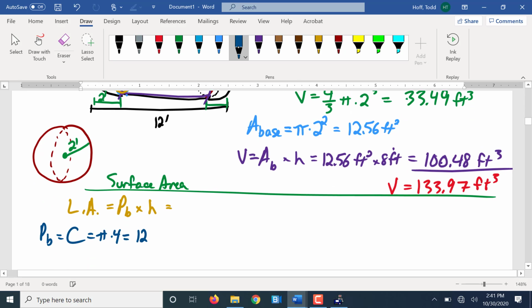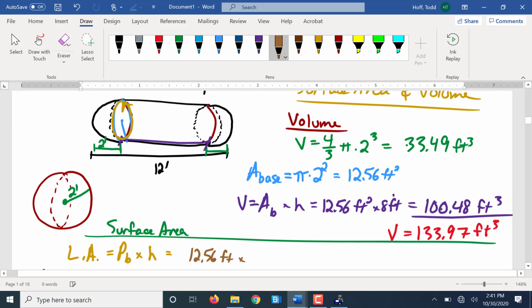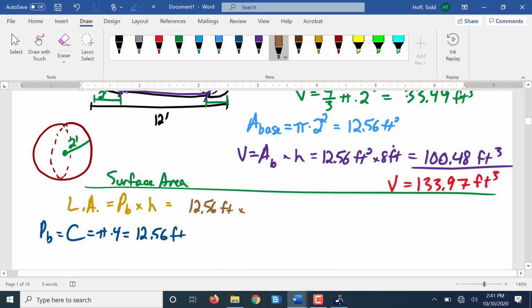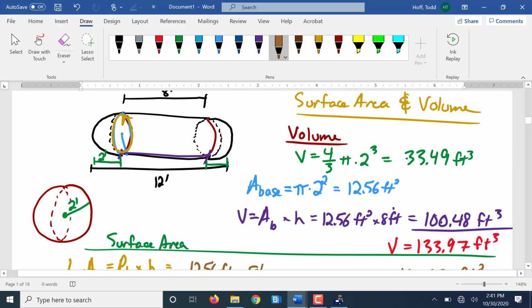So pi times 4 is 12.56 feet. So that lateral area is 12.56 feet times that height of 8 feet, giving us 100.48 feet squared, is the lateral area for the cylinder.